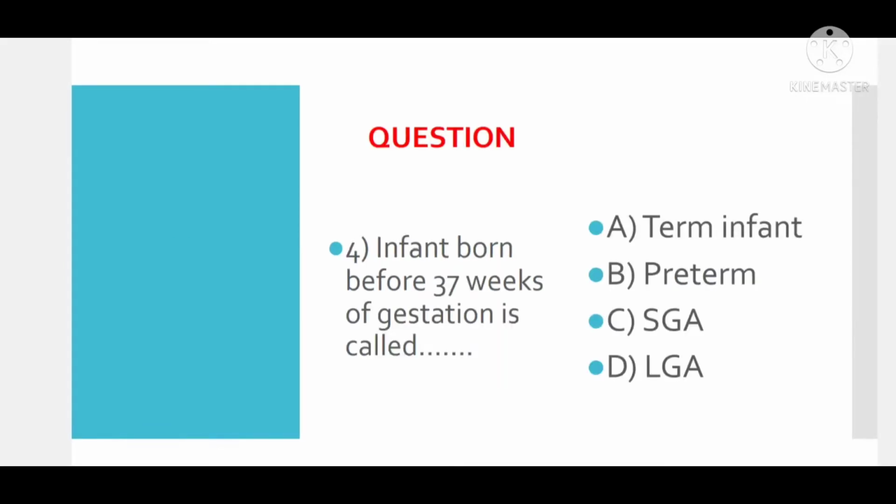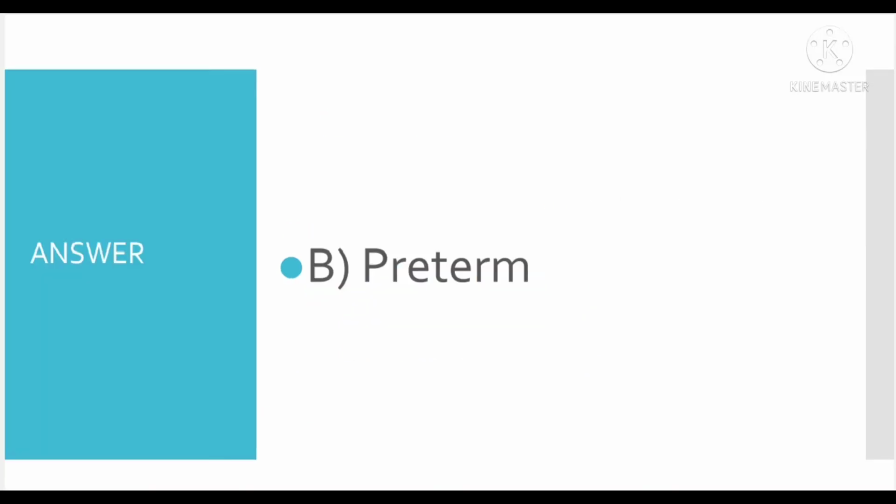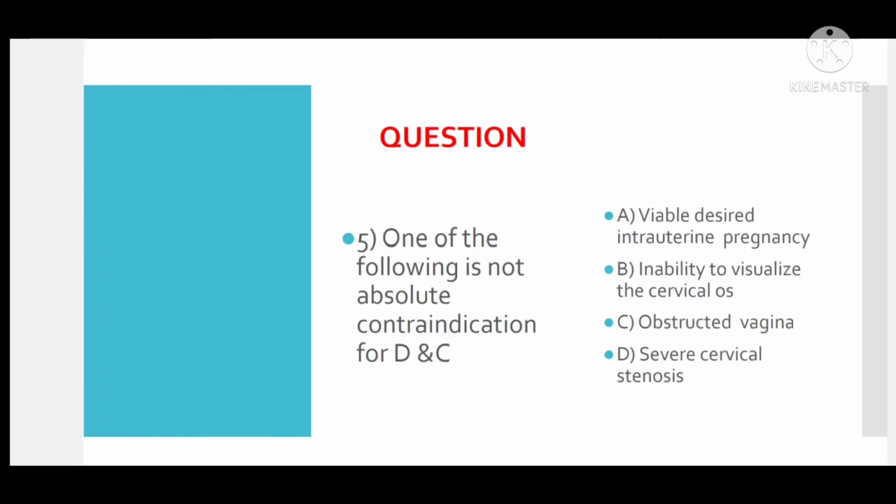Question number 4. An infant born before 37 weeks of gestation is called: option A term infant, option B preterm, option C SGA, small for gestational age, and option D LGA, large for gestational age. Here the correct answer: option B, preterm. Next question, question number 5.